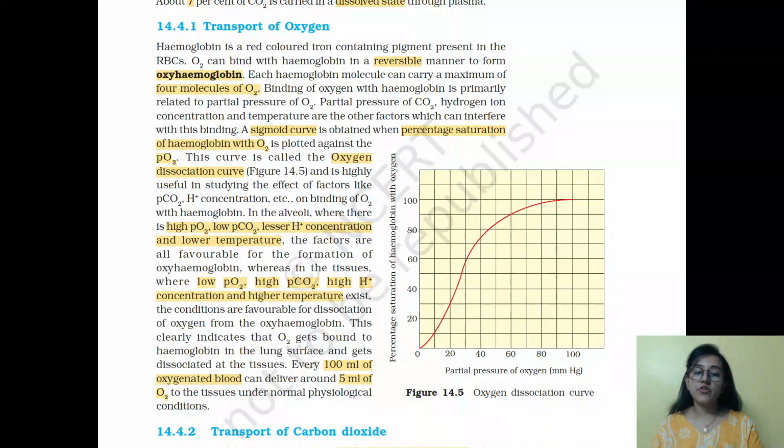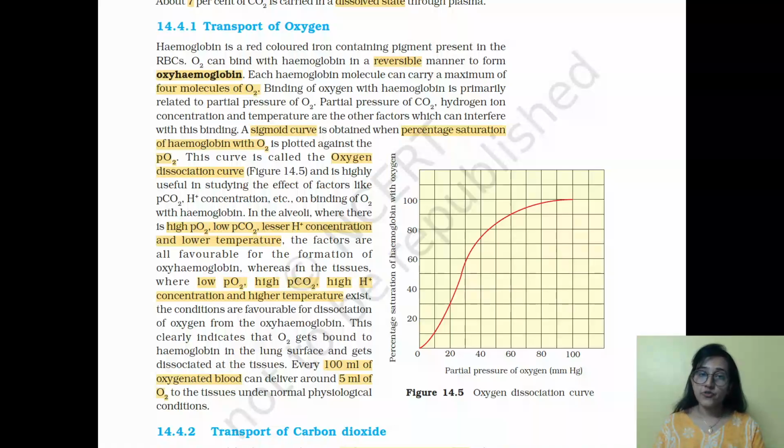In the alveoli, there is high partial pressure of oxygen, low partial pressure of carbon dioxide, lesser hydrogen ion concentration, and lower temperature. The factors are all favorable for the formation of oxyhemoglobin.